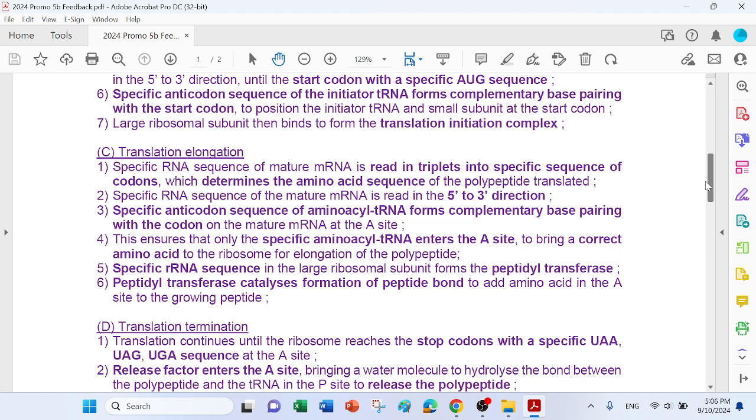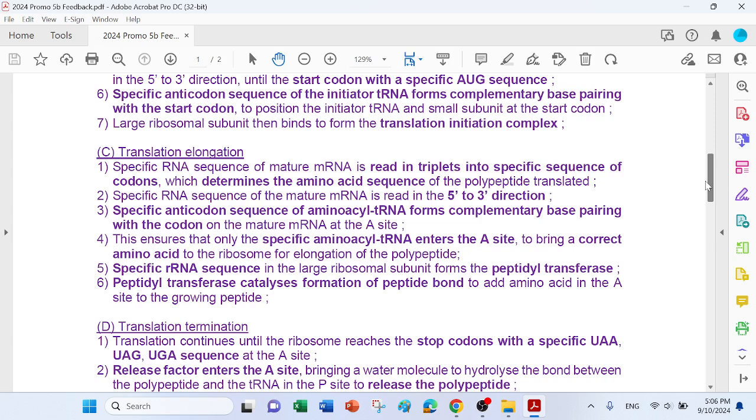So that's the importance of the codon and anticodon sequence: codon on the mature mRNA and anticodon on the amino acid tRNA to ensure the correct amino acid is brought to the ribosome. Okay, then we can mention the specific rRNA sequence that forms the peptidyl transferase, which catalyzes formation of peptide bonds to join the amino acids to form the polypeptide.